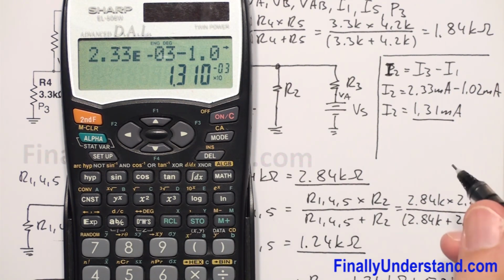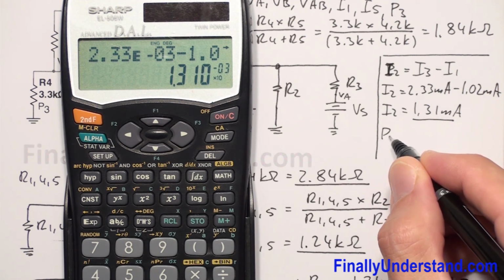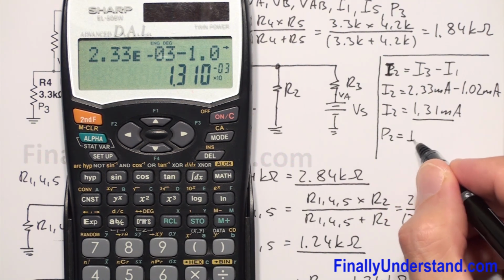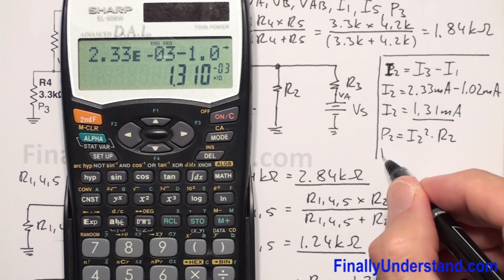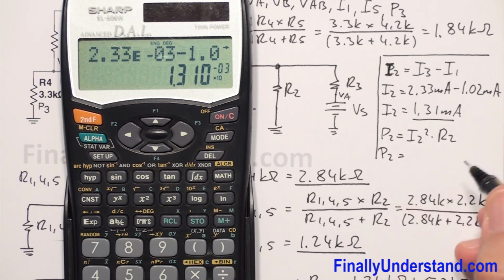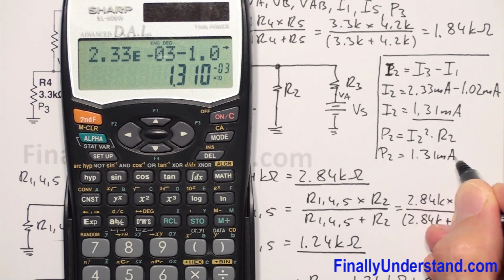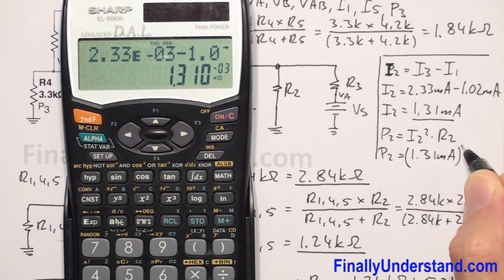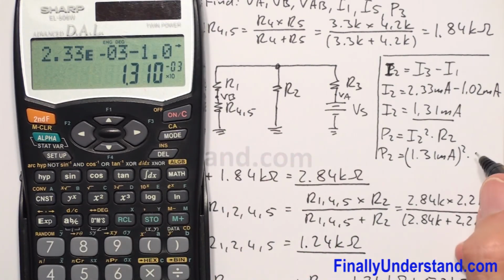Okay, so if you want to find the power, P2 is equal to I2 squared times R2. So P2 is equal to 1.31 milliamps to the second power times R2. R2 is equal to 2.2K.